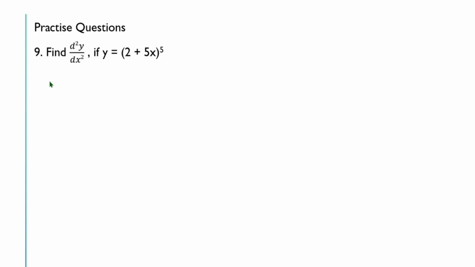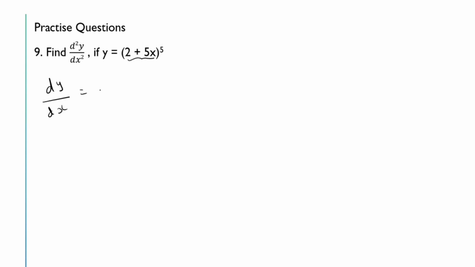Next question, find d square y by dx square if y is equal to (2 plus 5x) the whole raised to 5. So first we will find dy by dx. First we have to consider this as a single function and differentiate it, and then we have to differentiate the function inside the bracket.